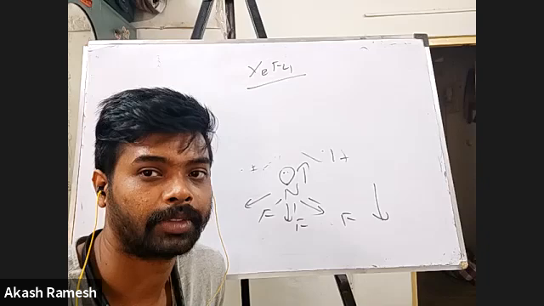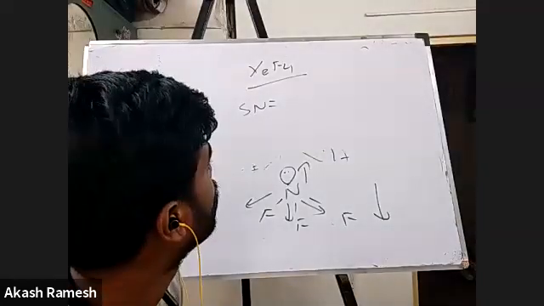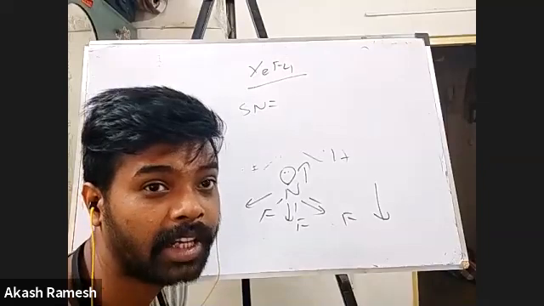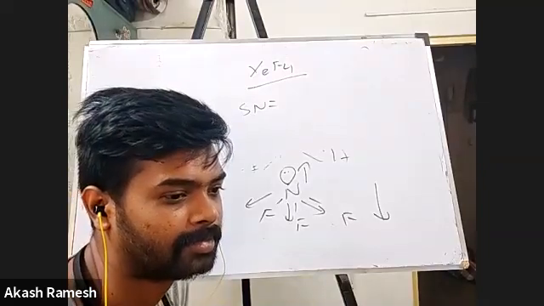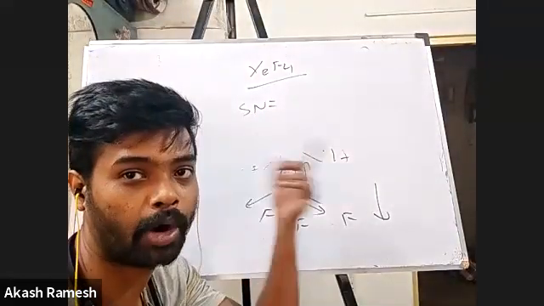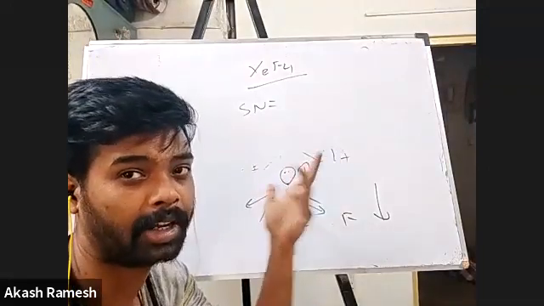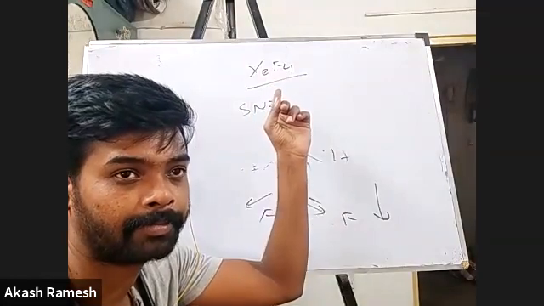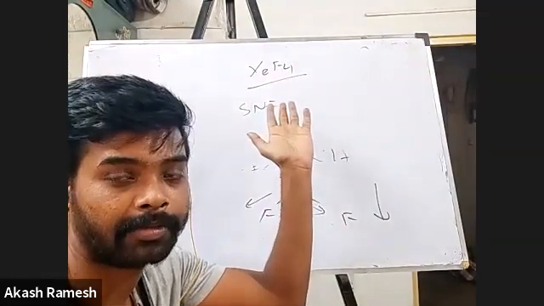So tell me, sp2 d2 or sp3 d2? sp3 d2, sir. Okay, fine. So it's easy. I just have to calculate the number of bonding atoms and the number of lone pairs. So how many bonding atoms are there, Manisha? How many side atoms are there?